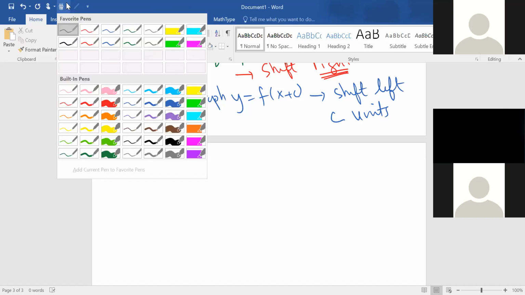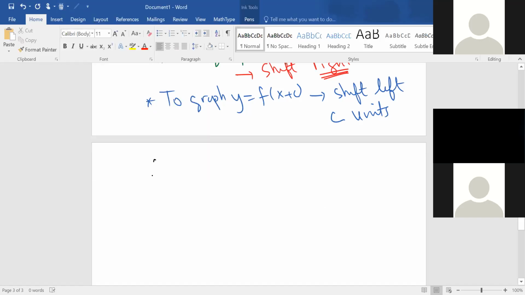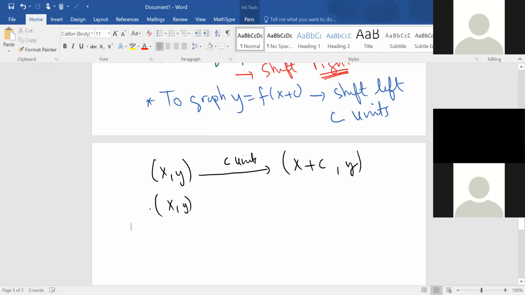So if I have my point x, y, and I shift it to the right C units, you see the x will become x plus c and the y doesn't change, right? And if I have x, y and I shift it to the left C units, the x becomes x minus c and the y doesn't change, okay?